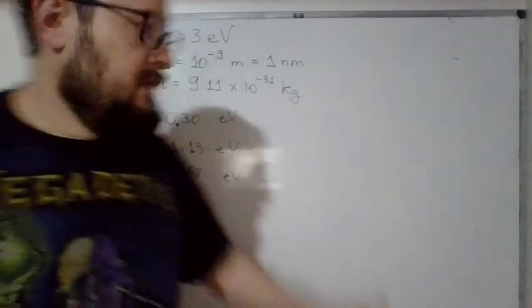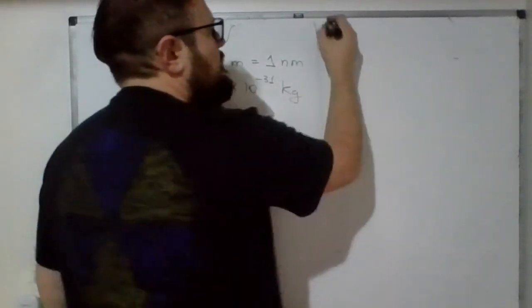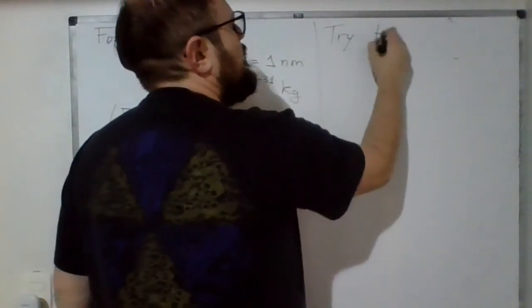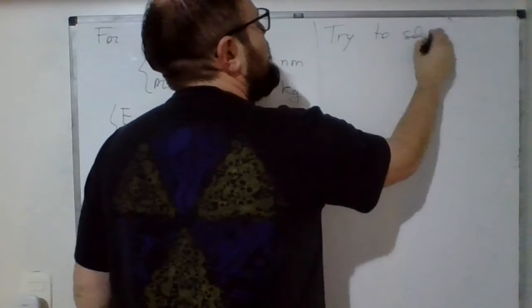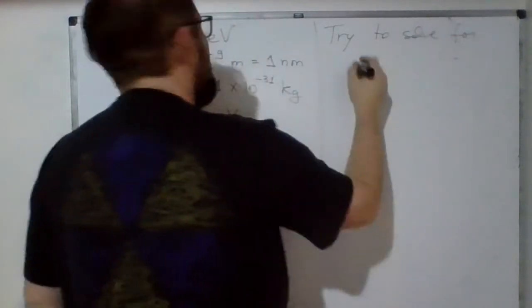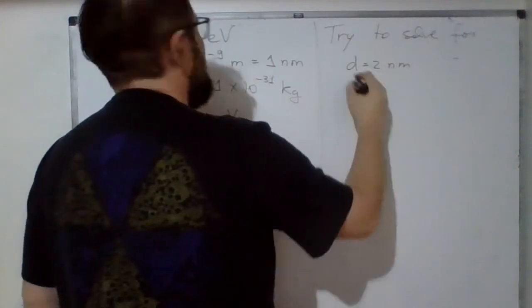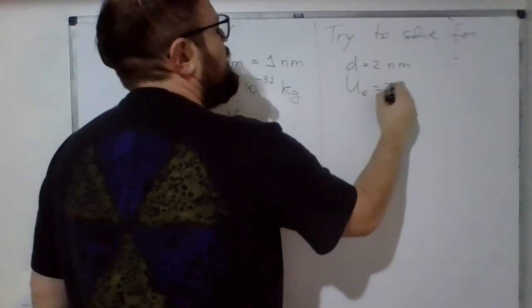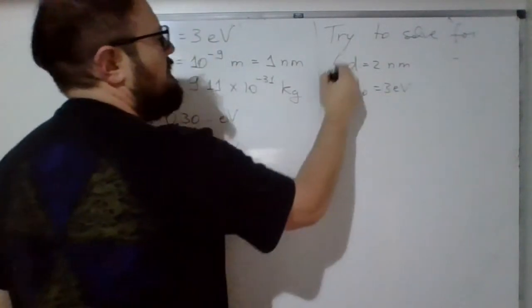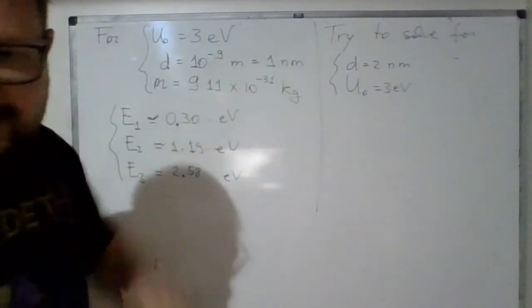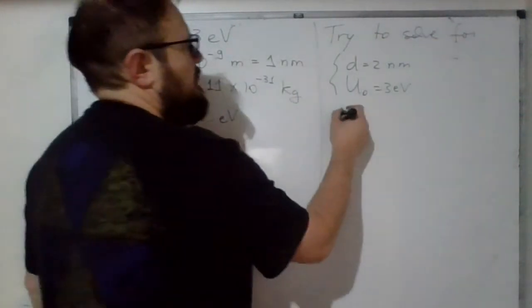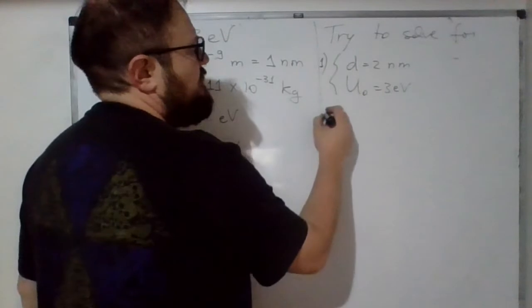Try to find out, try to solve for D equal to 2 nanometers, U naught equal to 3 electron volts. Keep the mass of the electron as in the first case.